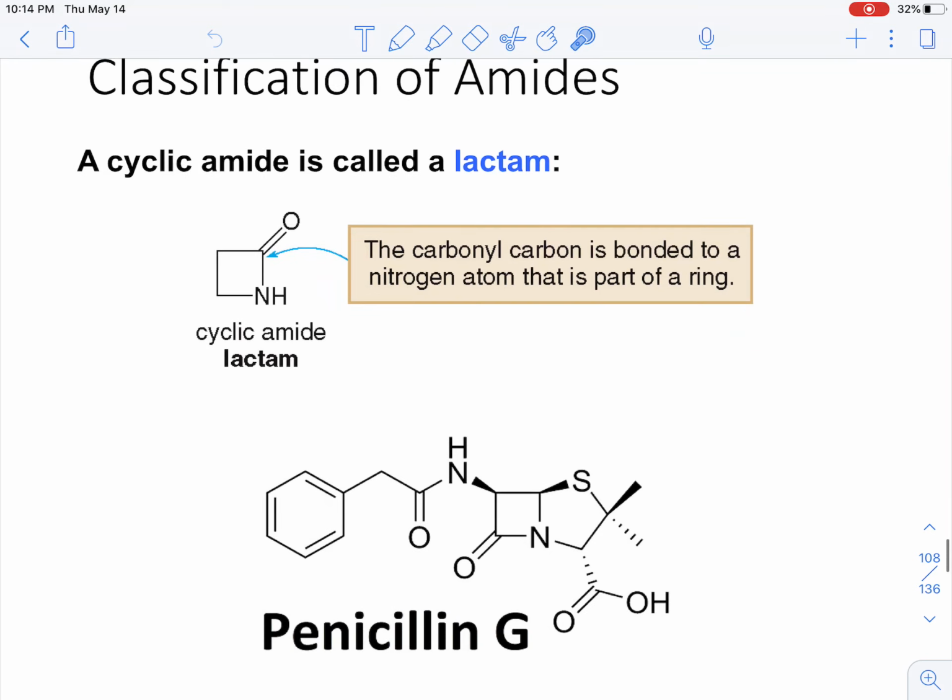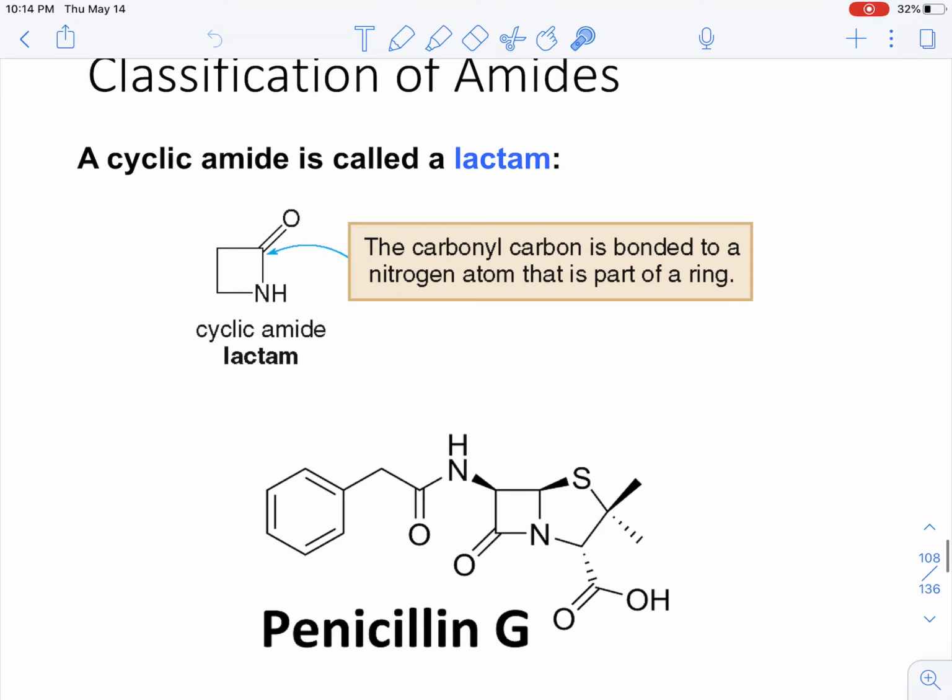Amides can also be found in a ring. The most common one is this 4-carbon, or 4-vertex, ring, if you will. This is known as a cyclic amide, and cyclic amides are called lactams.